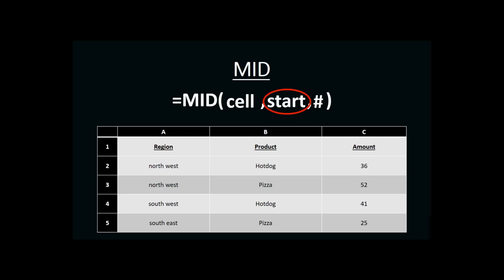So for example, back to our pizza example from previously. If I wanted to find the two Z's in the middle of the word pizza, I would have to start by looking in cell B3. So our cell in our example is B3, and that's what we would put in our information in parentheses.